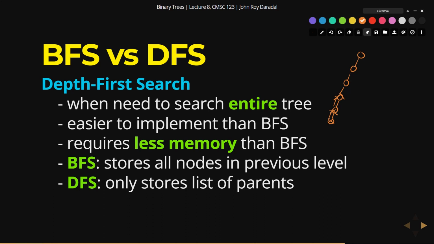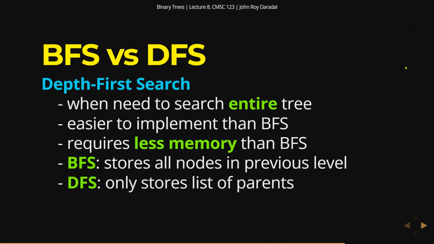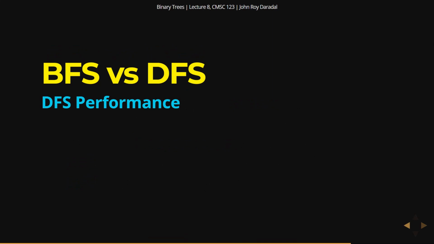So if you go back to the shallow part, the memory that you use will be less, right? You don't need to store other nodes at that level. You only need to store the nodes you passed by, so that you know where to backtrack. So in terms of memory, DFS is better because it uses less memory.